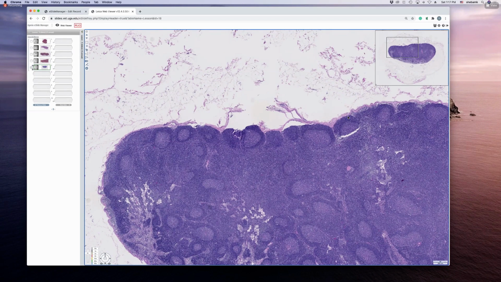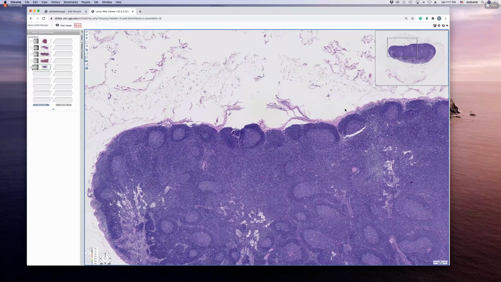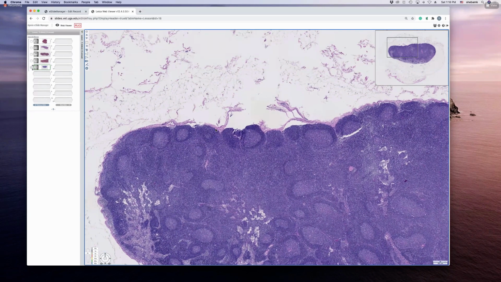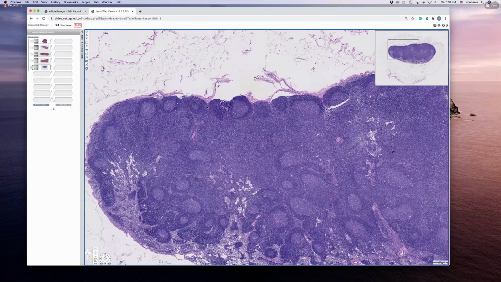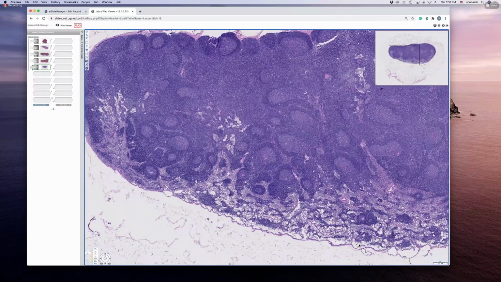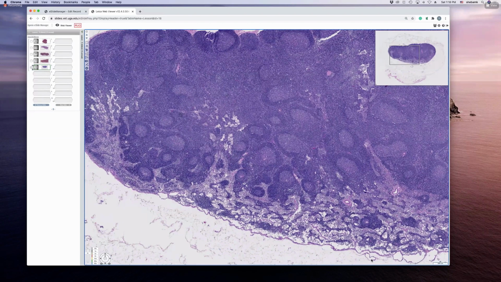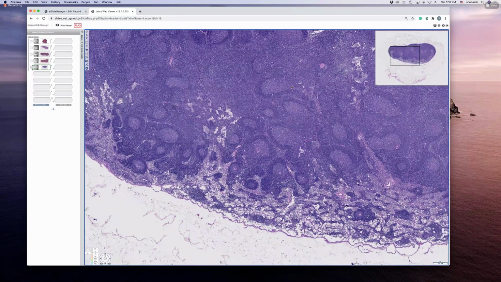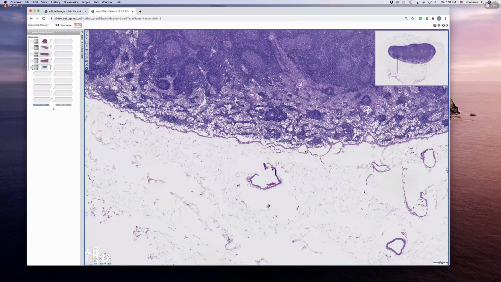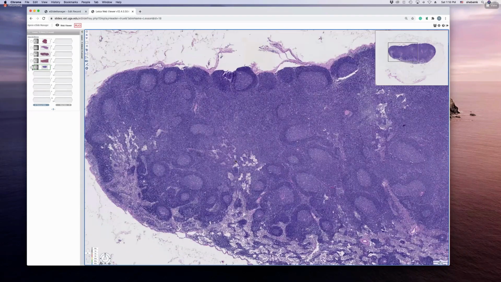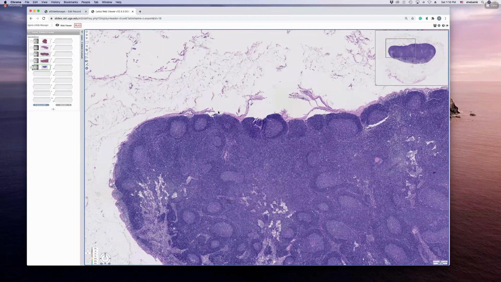Afferent lymph vessels, because they come to the lymph node. The ones that leave the lymph node are called efferent. See, all these are efferent lymph vessels, but you will have afferent lymph vessels coming in here.